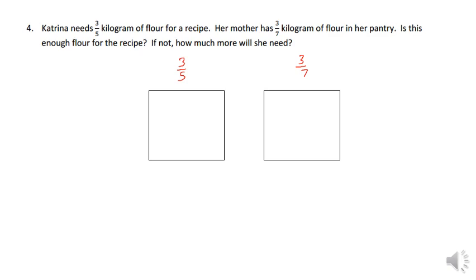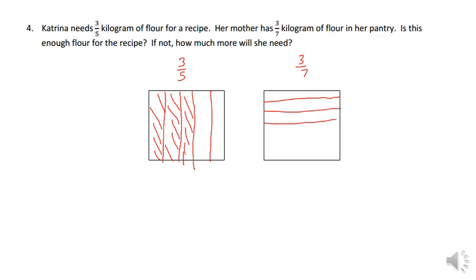And I'm starting off by splitting this into fifths. And we're shading 3 out of the 5. Now the other one we're going to do in sevenths. There's 1, 2, 3, 4, 5, 6, and 7.